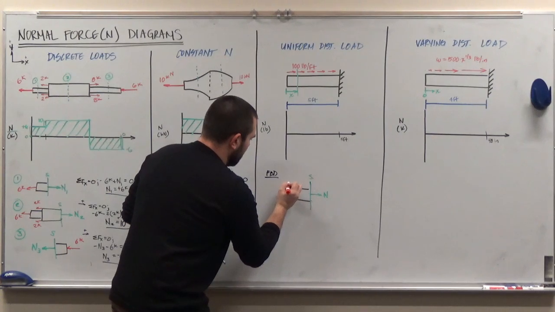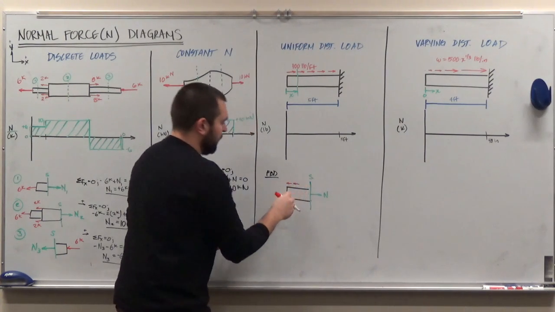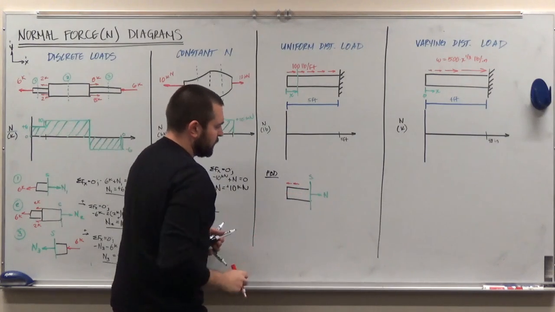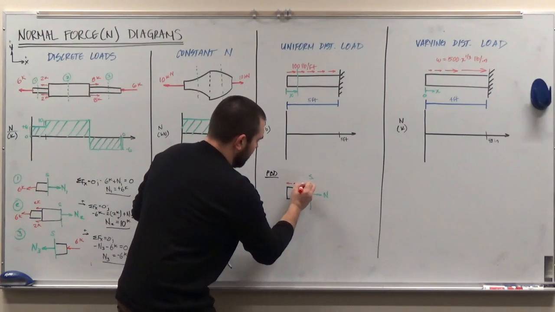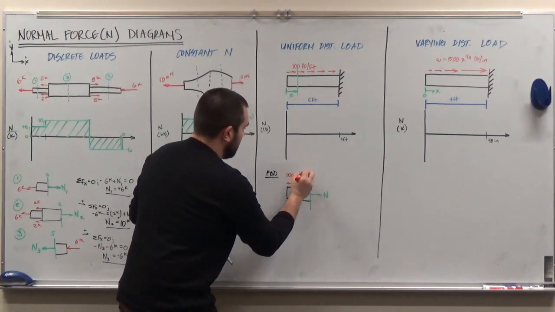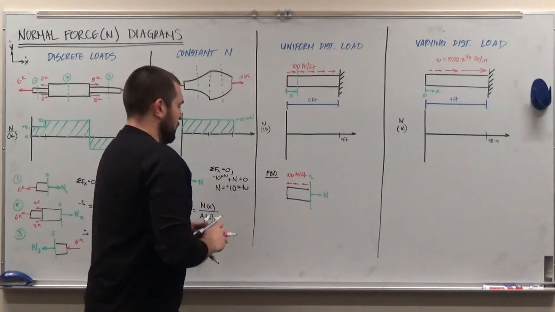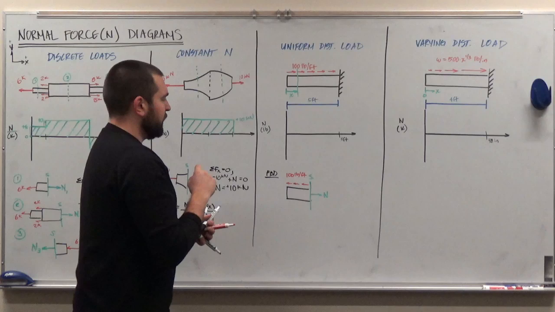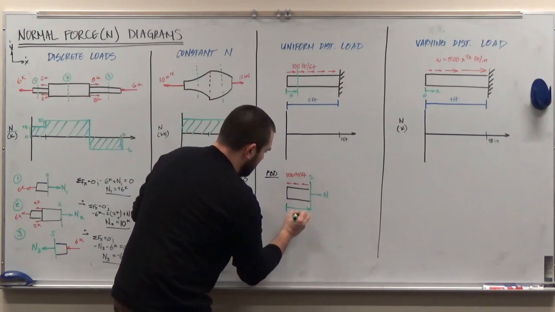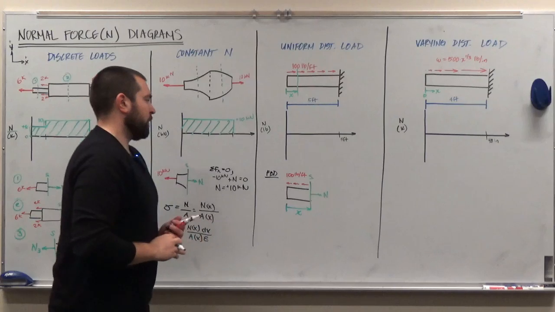It's an axial load. Again, I've drawn it above the member, but ideally it's going to be acting along the longitudinal axis. But here it's uniform, and it's 100 pounds per foot. We still have the same coordinate system, and I'm missing my dimension here, which is x.